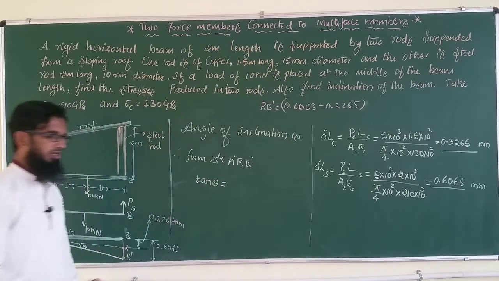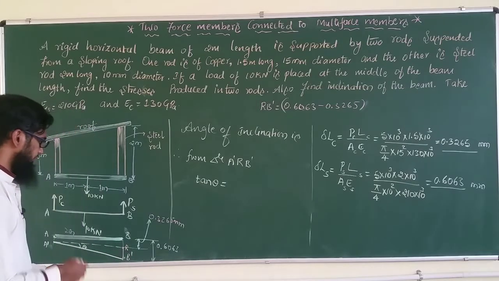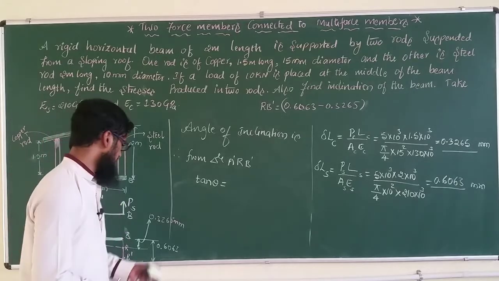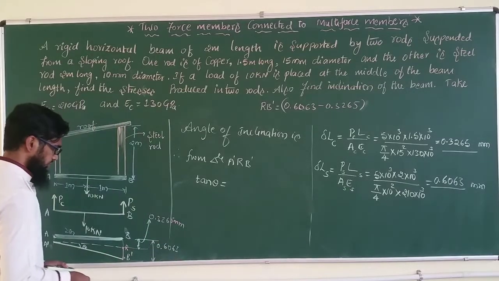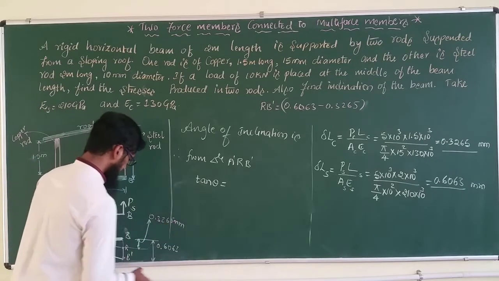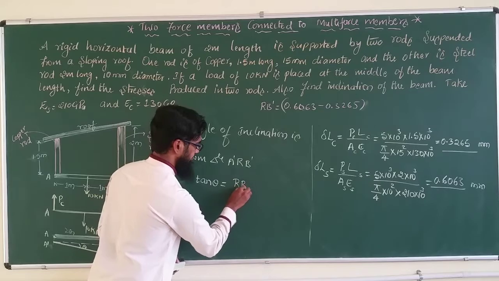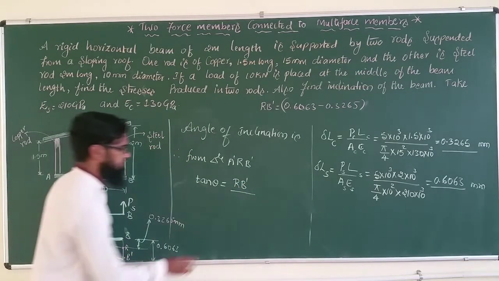Tan theta is opposite by adjacent. From this triangle, tan theta becomes opposite, which is R B dash, by adjacent, which is A dash R.